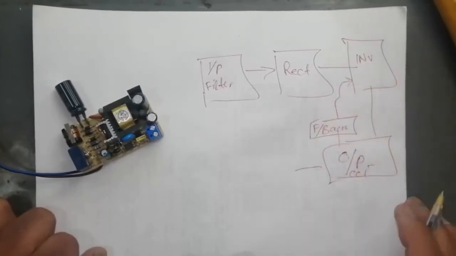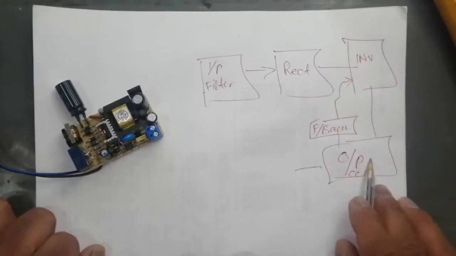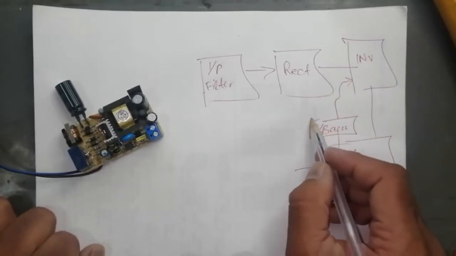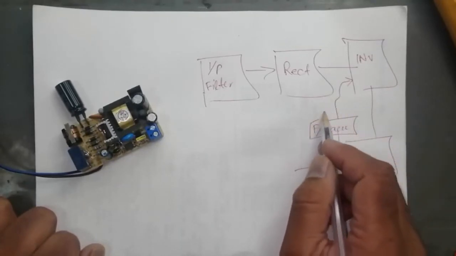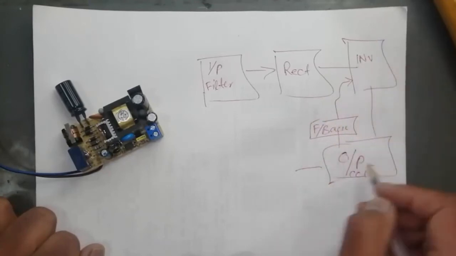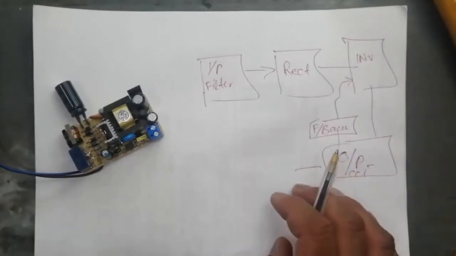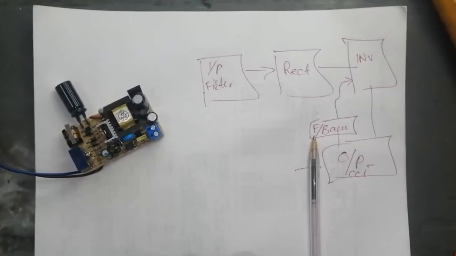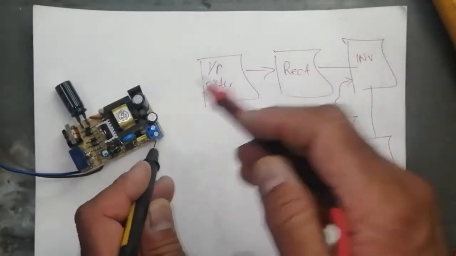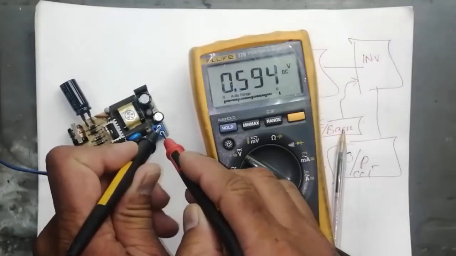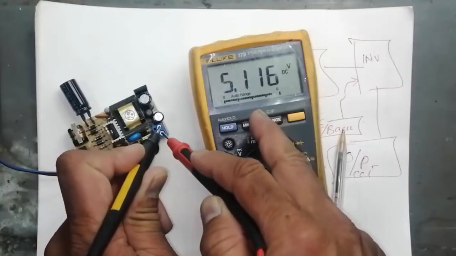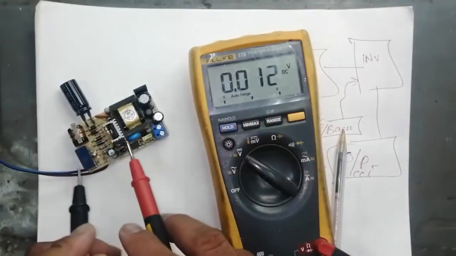This goes to the inverter section. If there is any problem in this area or the feedback circuit is faulty, then this section will not work. Now this buck converter is working properly, 5.1 volt. We solved the problem.